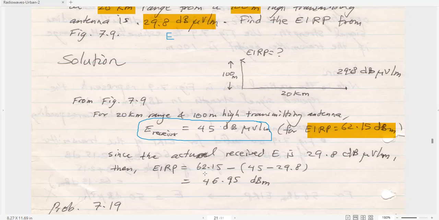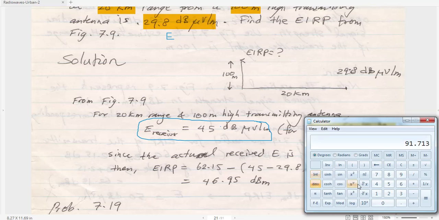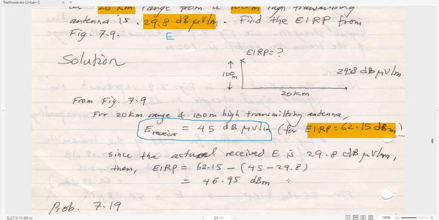So 62.15 minus 45 plus 29.8, and the result is 46.95. As you can see, this is dBm, this is EIRP.